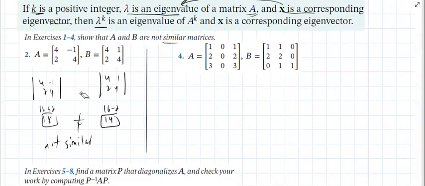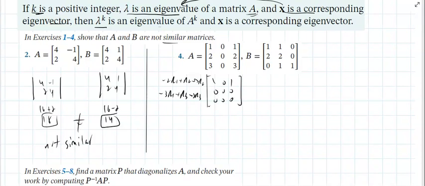If I take -2 row 1 plus row 2 in row 2, and if I take -3 row 1 plus row 3 in row 3, I'll get 1 0 1, 0 0 0, 0 0 0. The rank of A would be 1.